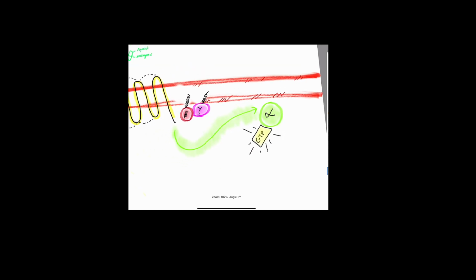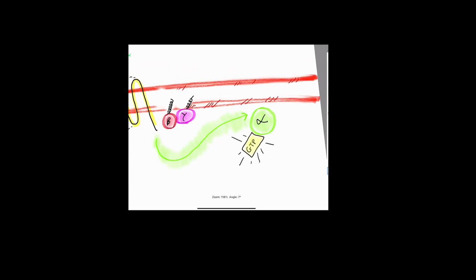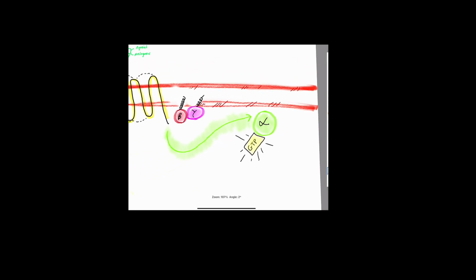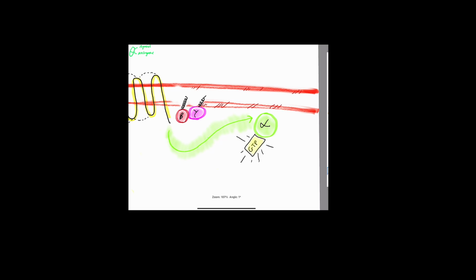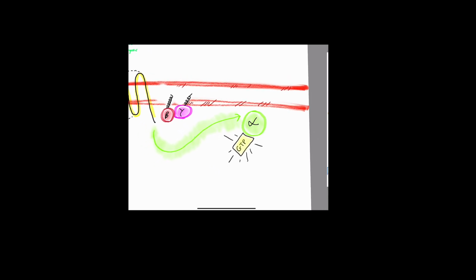But the alpha subunit, which now has GTP, it is energized, it is going to disassociate, you've got to remember these words, and it is going to translocate to another enzyme or protein in the cell. And that protein that it is going to communicate with is called adenylate cyclase. This is just an intracellular mediator.